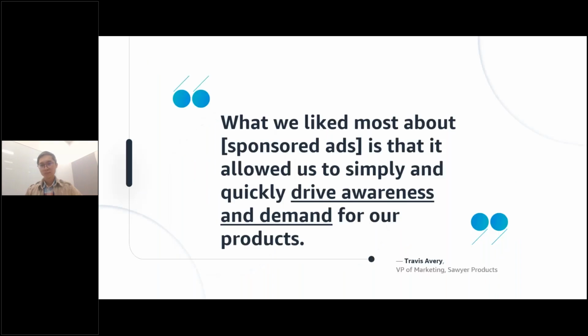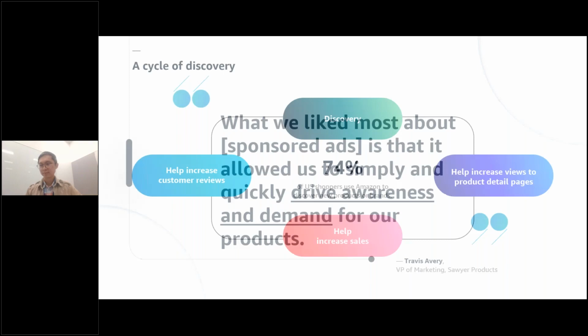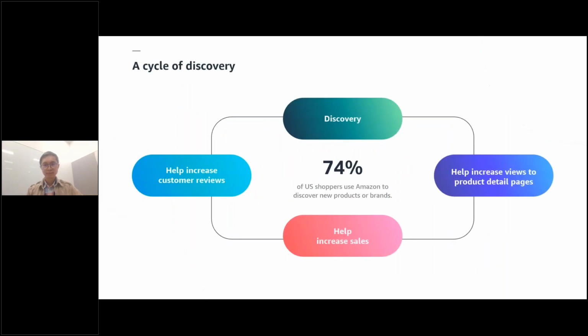So again, a lot of our sellers enable sponsored ads to really help drive awareness and demand for your products. And it's a great cycle of discovery, right? What ads does is help people discover your new brand, your new product. We can help drive traffic, meaning we increase the views to your product detail pages, and then subsequently we try to convince them to buy with your amazing A+ content and your beautiful videos available on your product detail page to help you increase your sales.